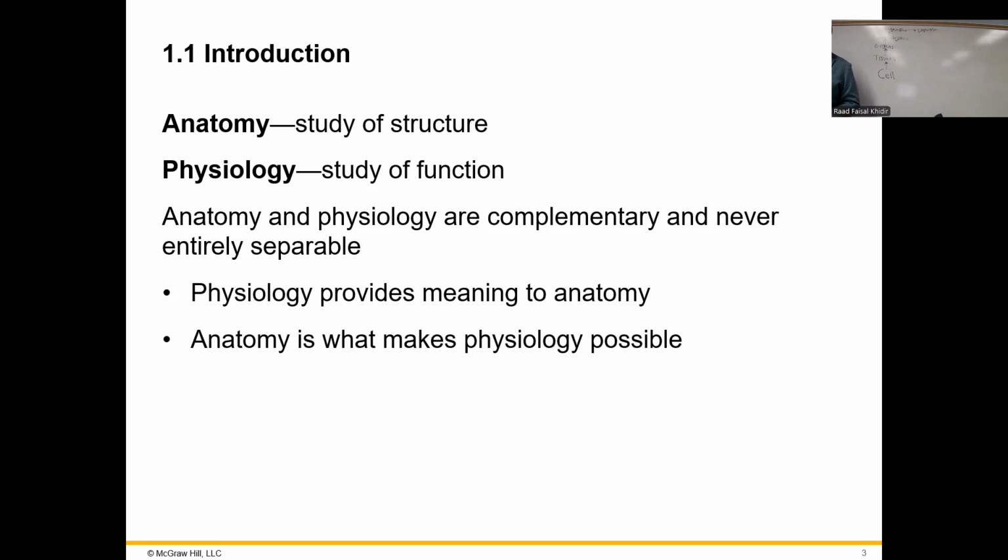Another thing very important for you to know: the chronology in the book is not random. They do not put the endocrine system after the nervous system by rock, paper, scissors, because that's the actual order. You can never understand the endocrine system unless you first understood the nervous system. You can never understand the nervous system unless you first understood the musculoskeletal system.